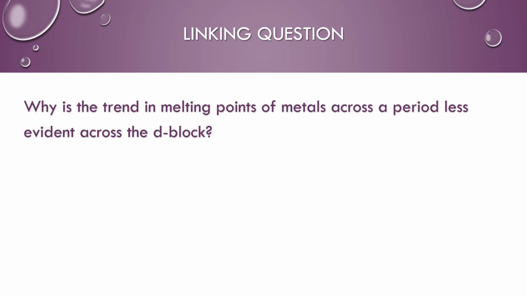And so we talked about this a good bit before, but this links to, I believe, structure 3.1. But why is the trend in melting points of metals across a period less evident for the d block? And that's because those transition metals can form those variable oxidation states.